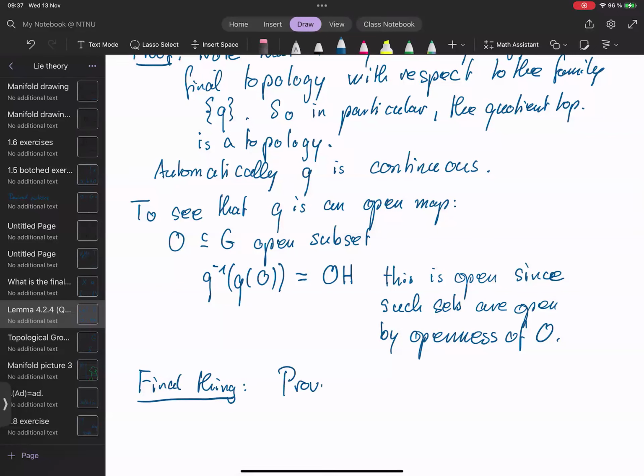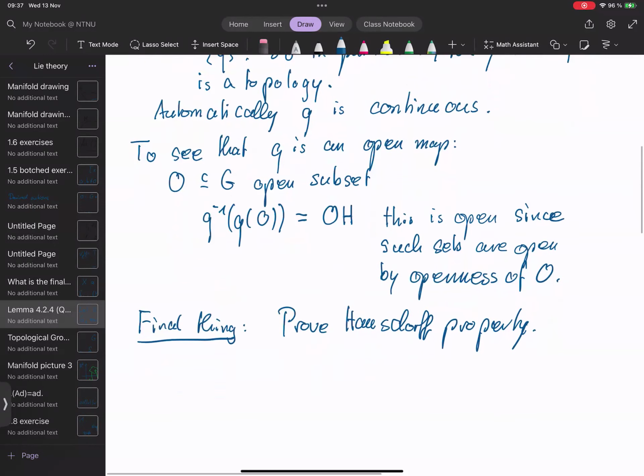Prove the Hausdorff property of the quotient topology. So this is not obvious. For this, we basically need to distinguish different cosets with open sets.